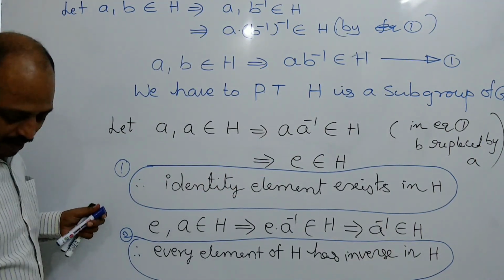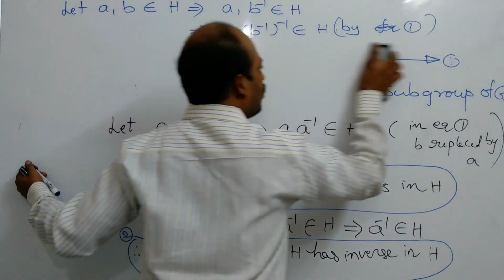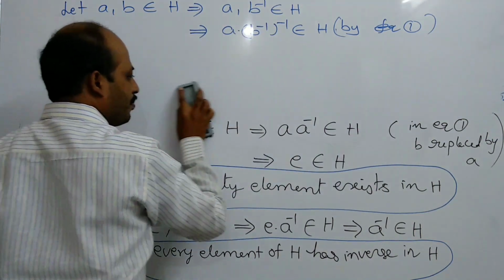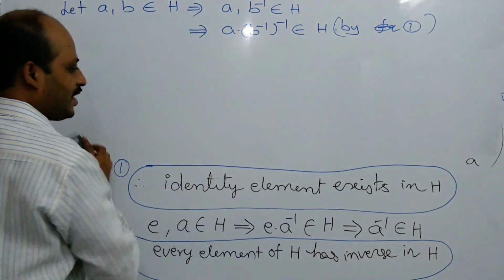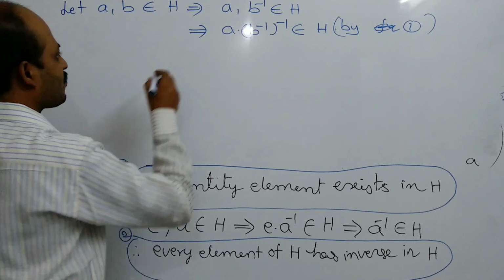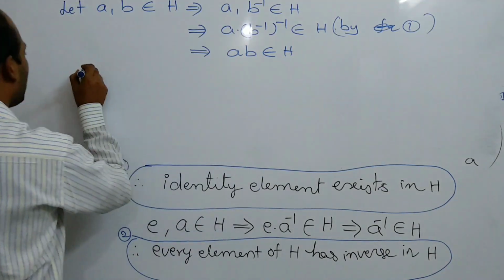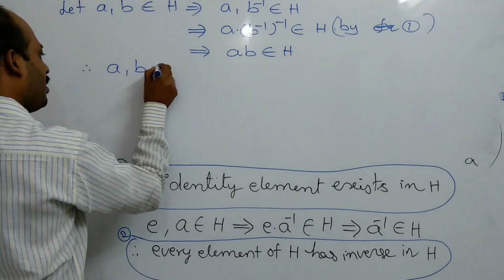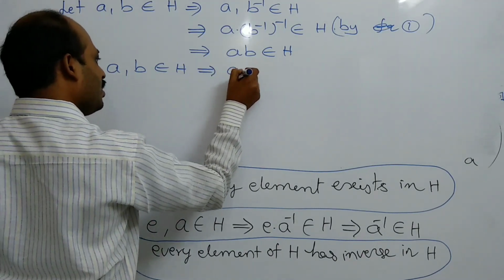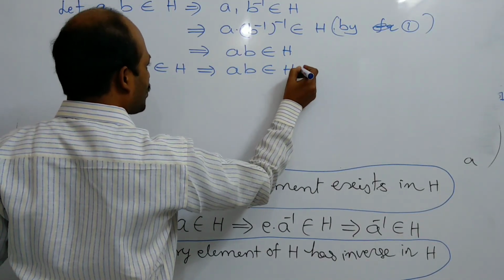A into B inverse whole inverse belongs to H. B inverse whole inverse, what is it? It is B. So AB belongs to H. What did we prove? A, B belongs to H implies AB belongs to H.